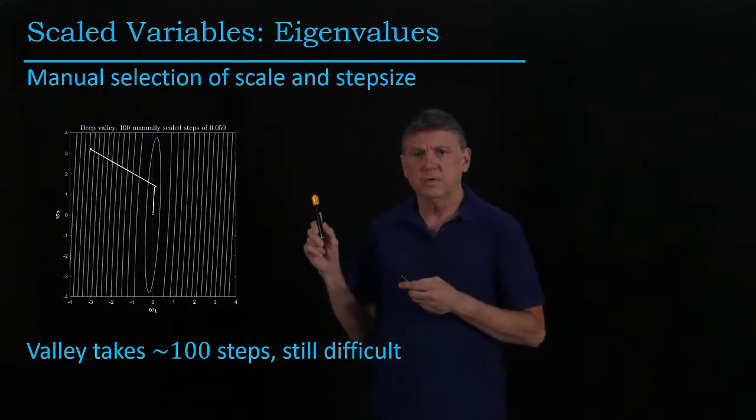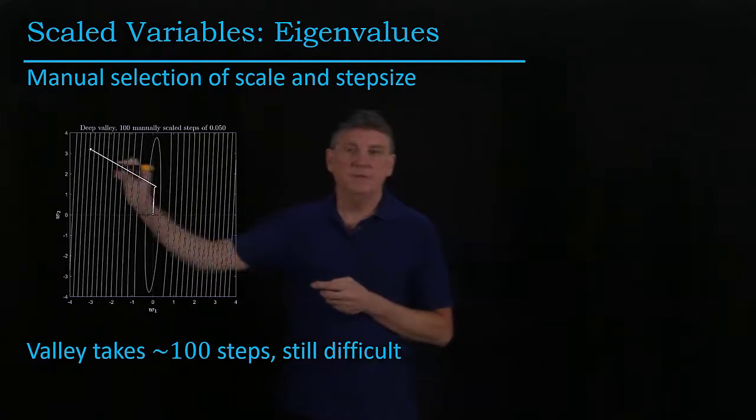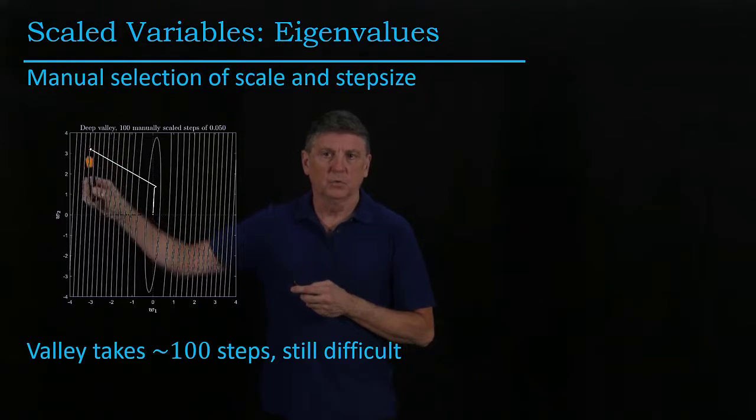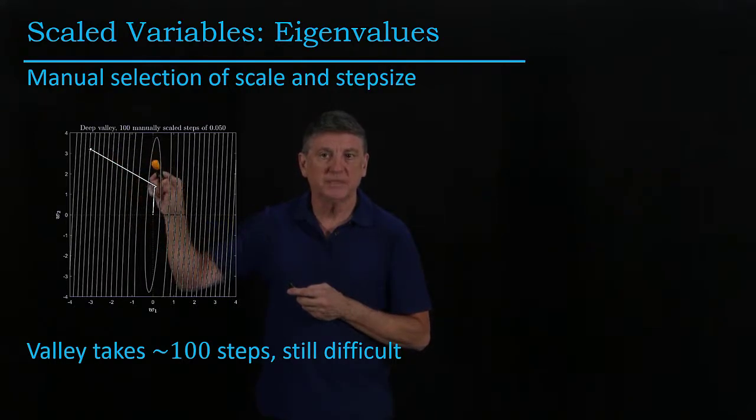What we note is that this is not a steepest descent. If you recall from the previous one, a steepest descent would be normal or orthogonal to a contour line, and that would take us over here, and then we would proceed downward in our steps.